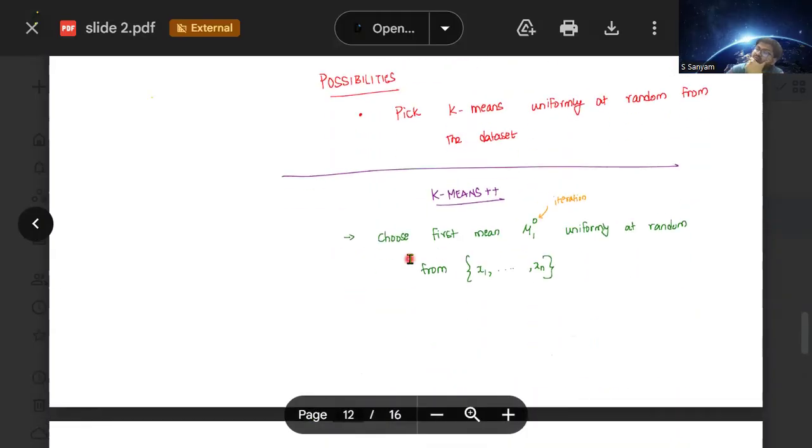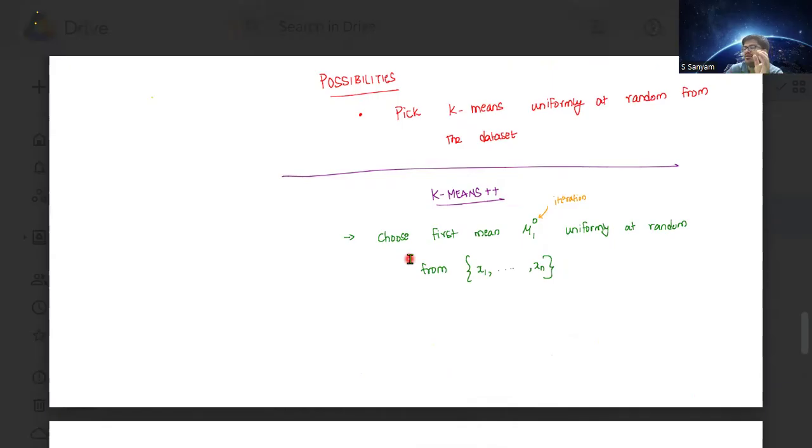Basically, what is random? Choose the first mean uniformly at random. Earlier we were assigning every point to one of the clusters. It would give the drawback for the first k-means algorithm. But here we are not assigning every point. We are choosing k means instead of assigning every point a cluster.